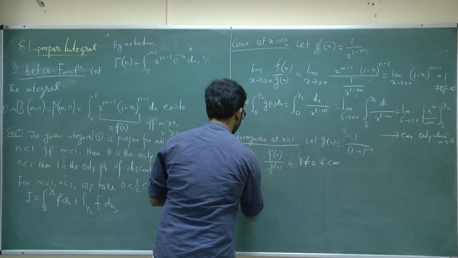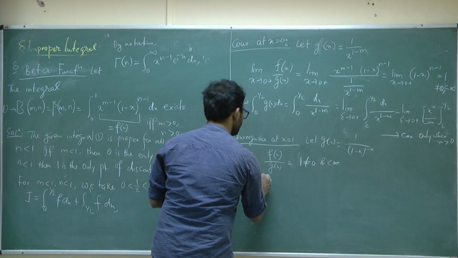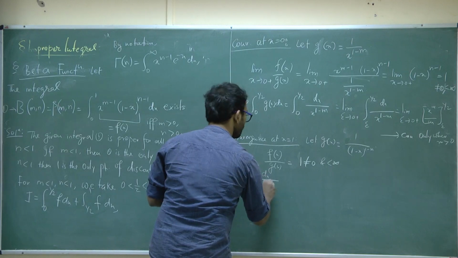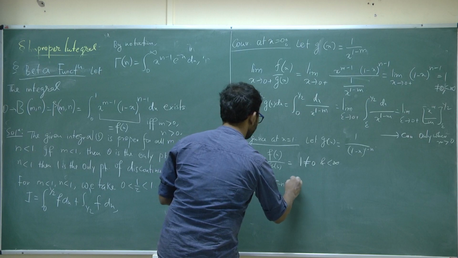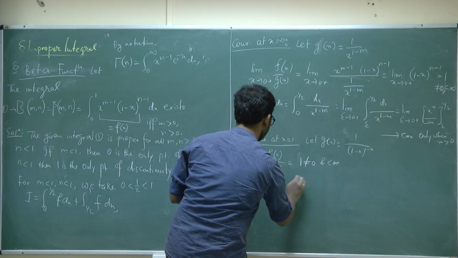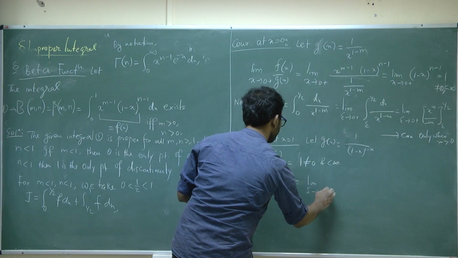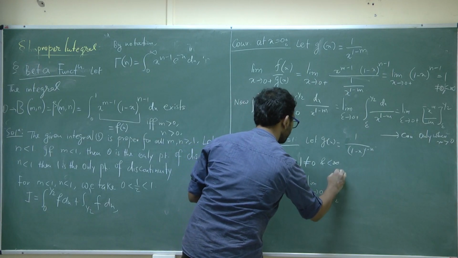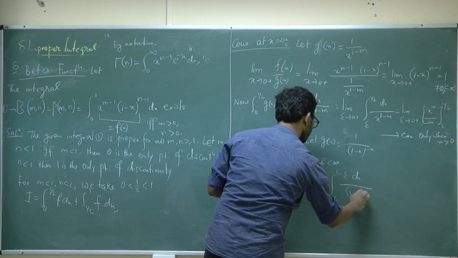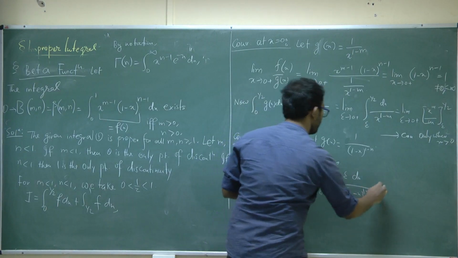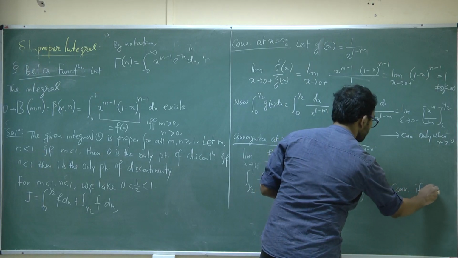Next, we will check the convergence of half to 1 g(x) dx. So, g(x) is 1 by (1 minus x) to the power 1 minus n, and here you can write limit epsilon tending towards 0 positive, integral half to 1 minus epsilon dx by (1 minus x) to the power 1 minus n, and this is convergent if n is positive.